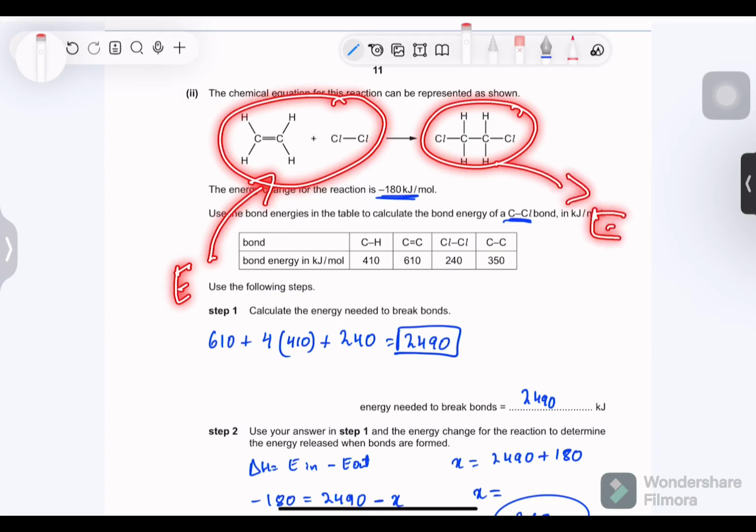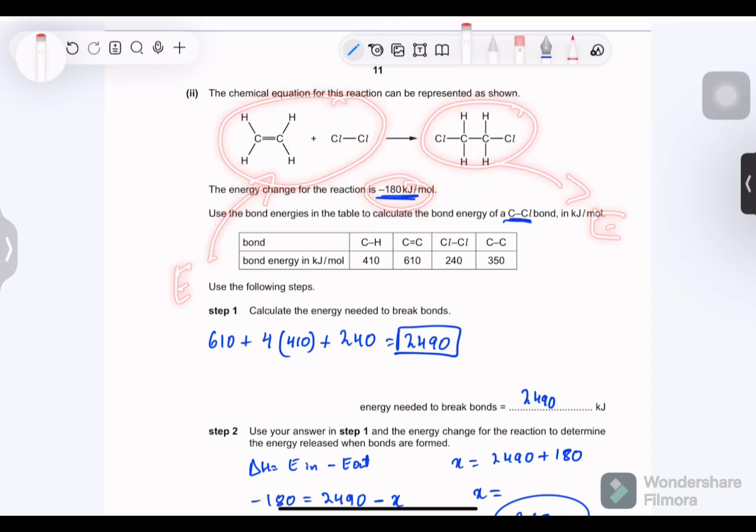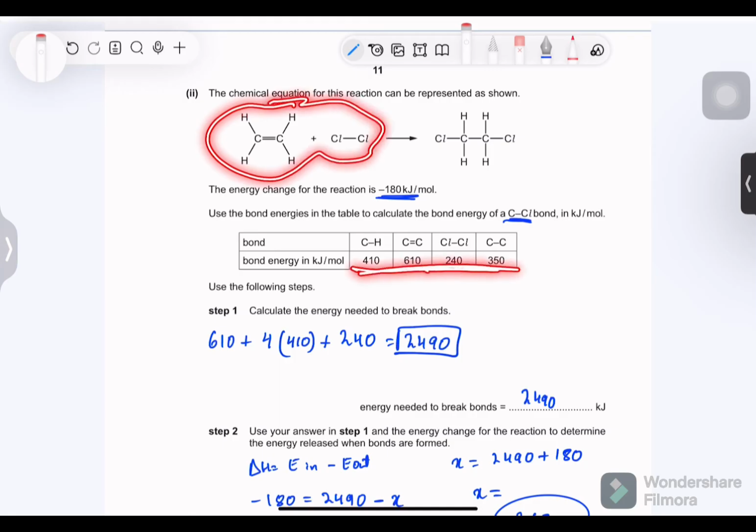When we subtract these two, we get the enthalpy change, the total energy change for this reaction, which is given to us already. So calculate the energy needed to break bonds: 2490 total, because we added all these bonds from the given bond energies.